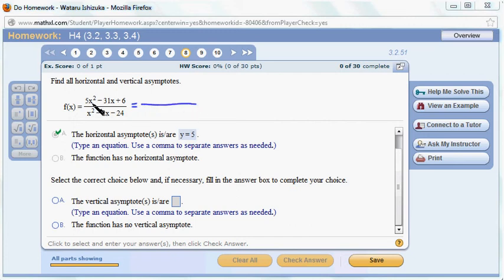For the numerator, we have 5x squared, so we have a quantity 5x plus something and another quantity x plus something. We need to get 6, so I'll try 1 and 6, and we have to get 31. So I'll put 6 here and a 1 here.